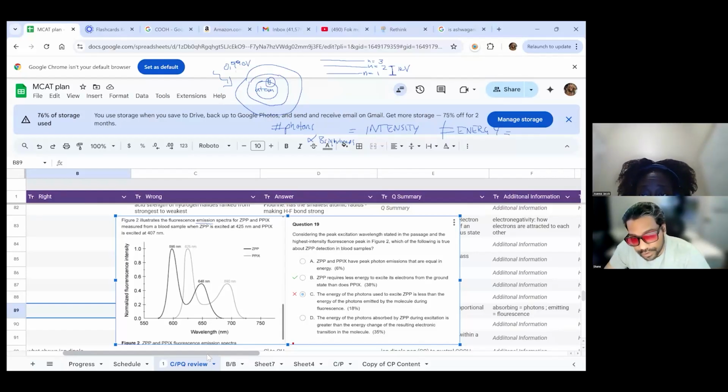In order for the electron to get excited up one level or one shell, it needs to absorb a photon which has at least 1 electron volt of energy. Okay.